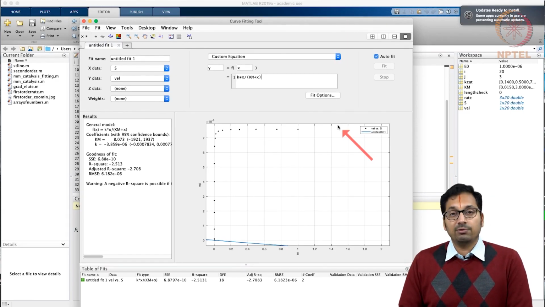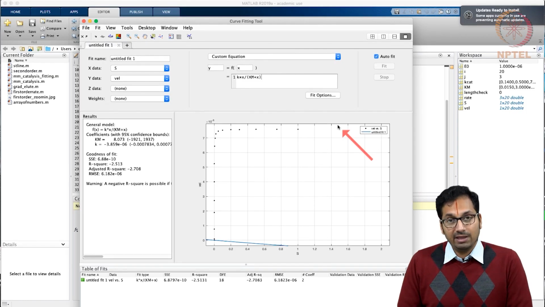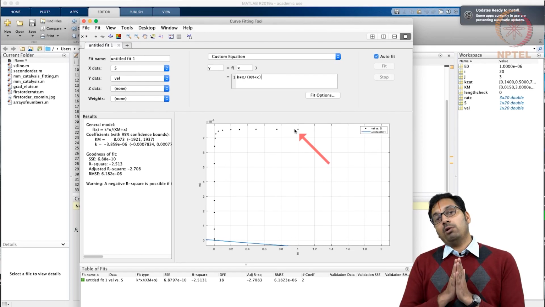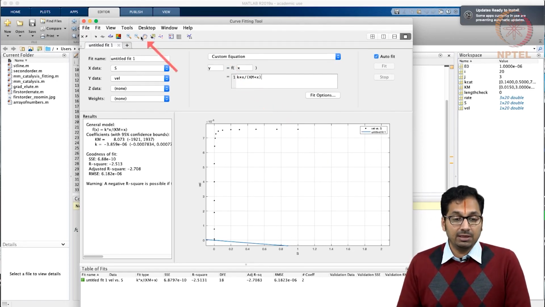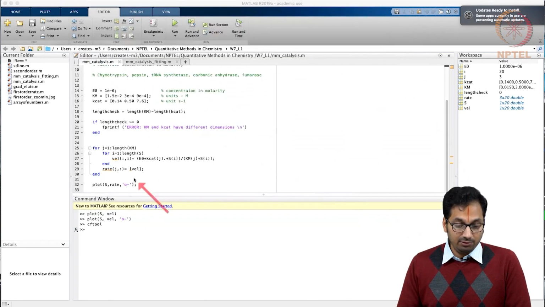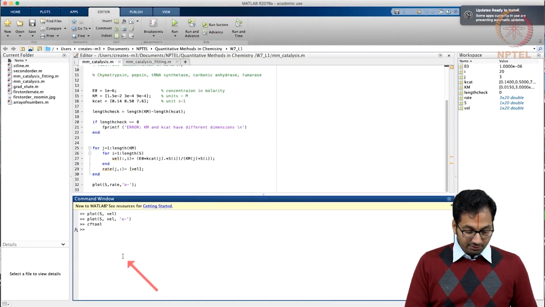In this case we used 10 micromolar concentration of the enzyme, and then we simulated these curves. An important thing one has to understand is that this K here has that information that goes in. So one thing that a person can do is to actually change the velocity. Let's call it a new variable. We can call it test underscore velocity is equal to velocity divided by E naught.